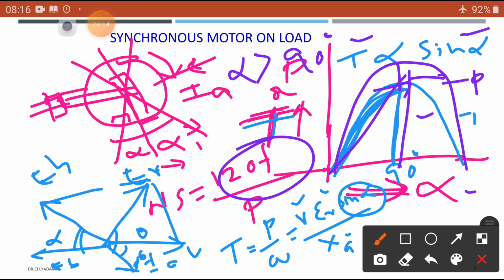If there is now a sudden decrease in the motor load, the motor is immediately pulled back to a new value of alpha corresponding to the new load.